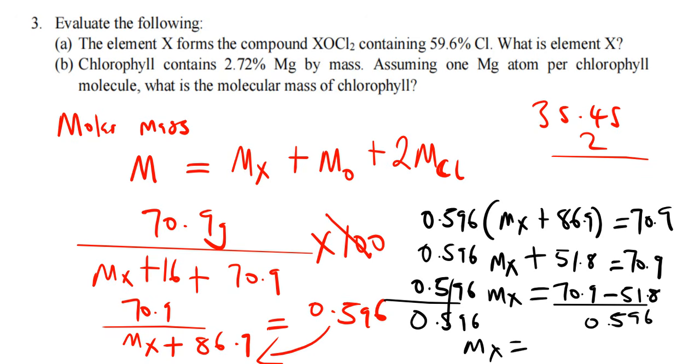The answer divided by 0.596, I'm getting mx to be equivalent to 32. Now if the molar mass for mx is 32, what is that element? The element that has an atomic mass of 32 is sulfur. They asked us what element x is, so it is going to be sulfur. That is how we solve this one.